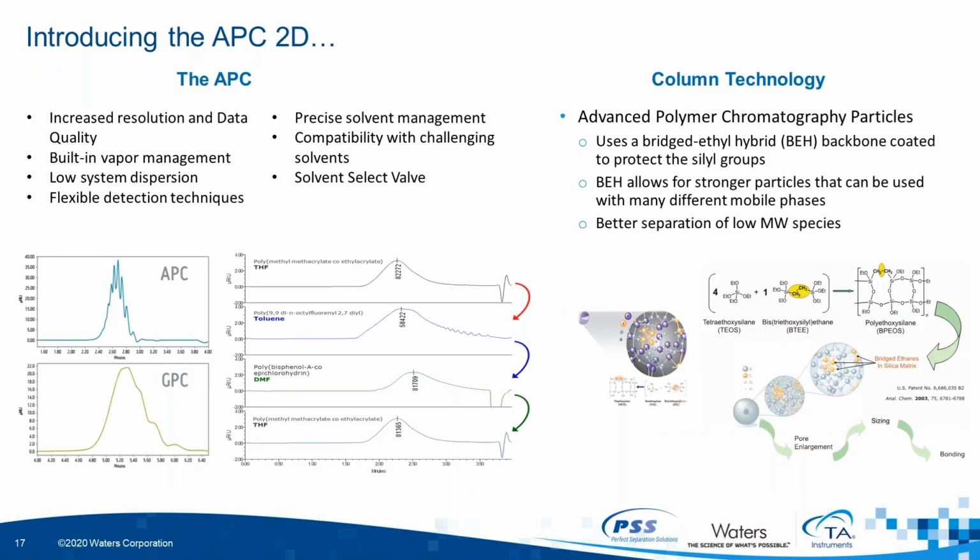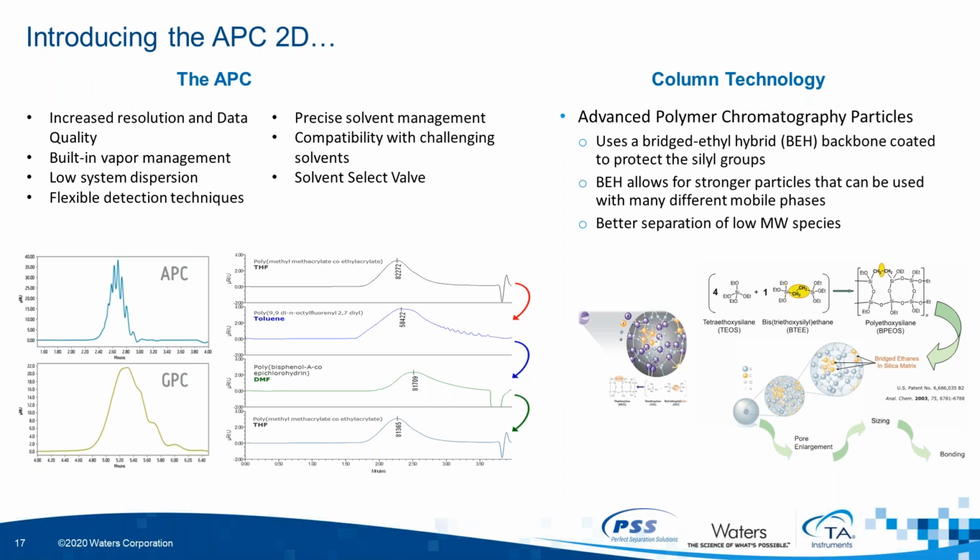So now, after having seen how a comprehensive 2D solution can be operated, we have to talk a little bit more about the details. In GPC, columns are the heart of the system. In 2D, besides the valve and the software, the second dimension columns make a difference. The launch of the Waters BEH columns was exciting for all of us 2D pioneers, as these columns offer some advantage for 2D separation.